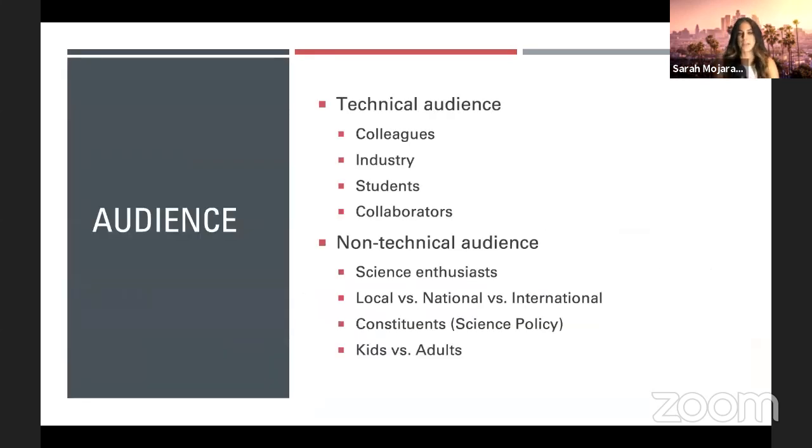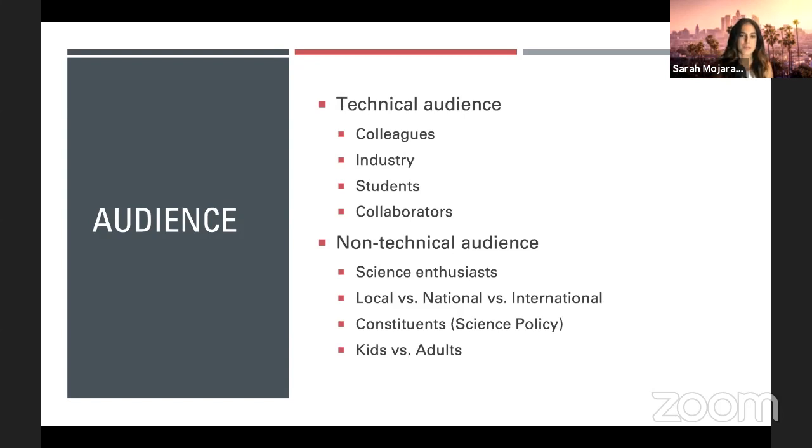In terms of audience, this is something that comes up all the time. Oftentimes people will think about it as a technical audience and then a non-technical audience, but you really want to think a little bit deeper than that, because your messaging will change significantly based on who you decide to micro-target with that.